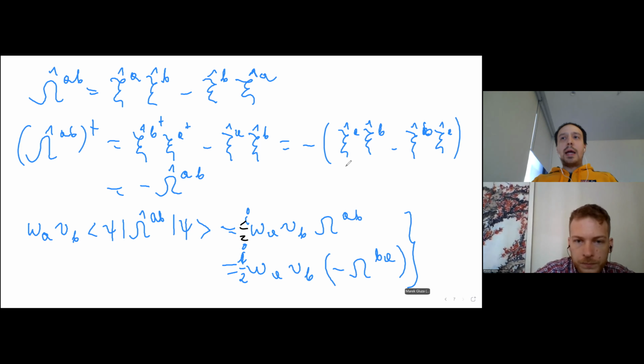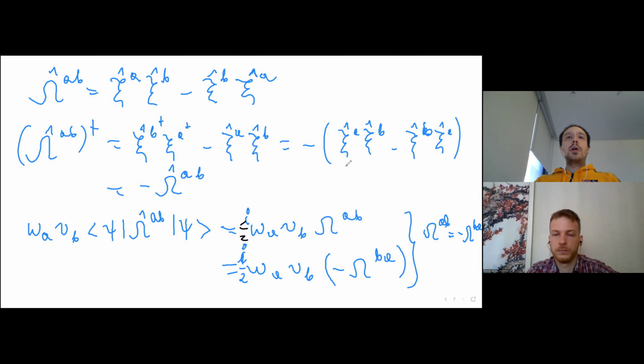Okay. Everybody happy with that proof? And there is one very important thing. We cannot prove that omega AB is non-degenerate. For bosons, of course, this follows trivially from the commutation relations.